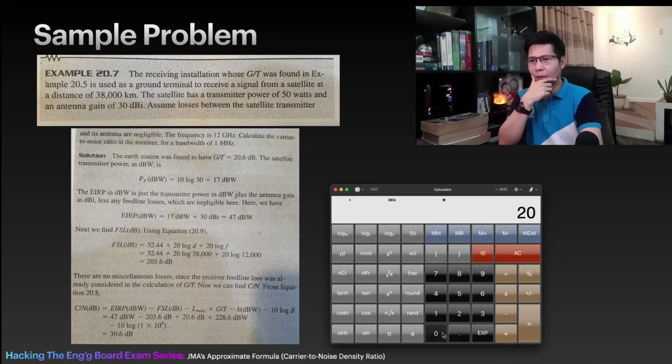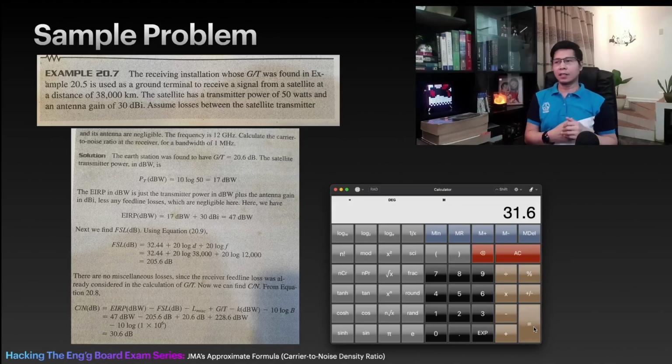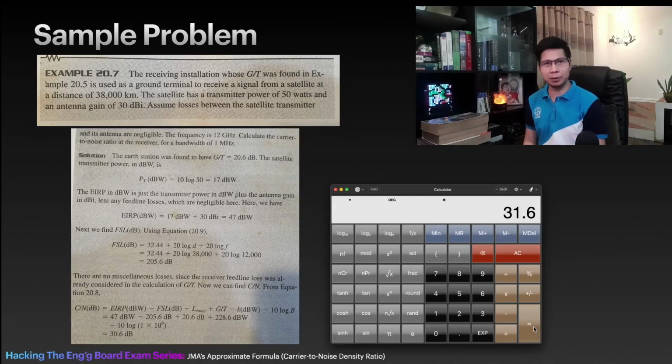And then, minus yung constant natin, which is 36 dB. And the answer is 31.6 dB. Yan yung carrier to noise using JMA's approximate formula.